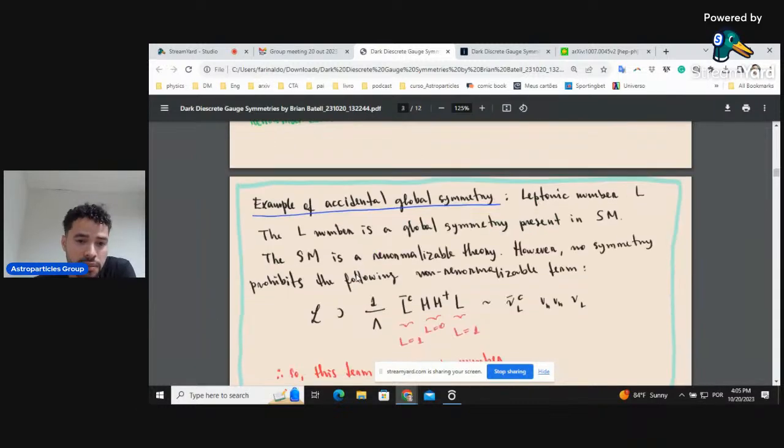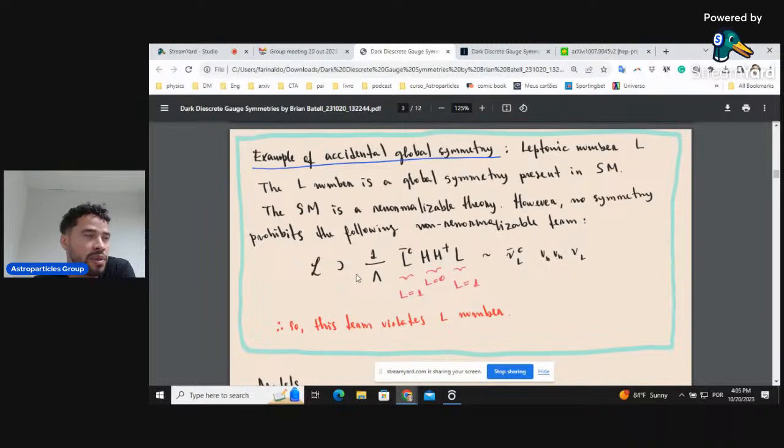It's an example that I discussed with Fernando. For the case of accidental global symmetries, we could think, for example, about the lepton number that is conserved in the Standard Model, but it doesn't have an explanation for that. It just happened after all. After we do everything, it is conserved.